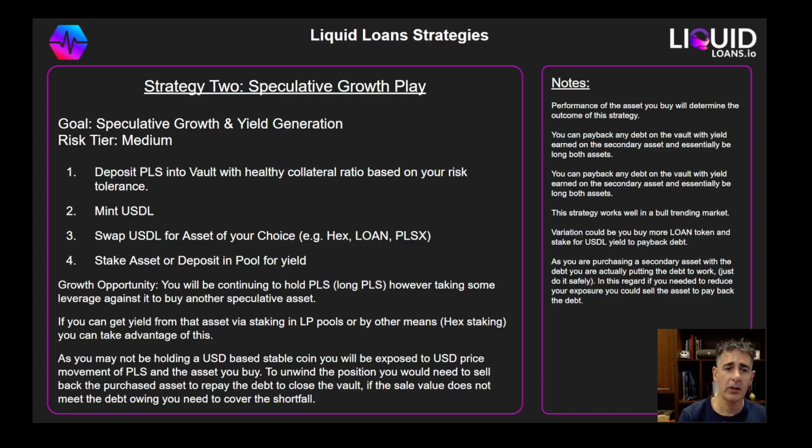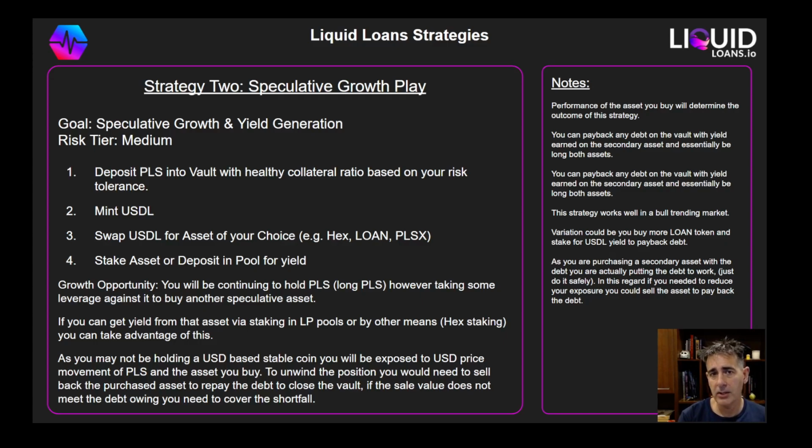So rather than buy USDL, put it in the stability pool and earn LOAN, you could just go straight out, buy it and put it in the staking pool on the actual protocol and get the fees from that, help pay down your loan. With HEX, you could stake it, and the interest you earn from that HEX, you could pay down the loan. So I hope you can see that where I'm sort of going with this is you're not getting rid of your primary Pulse position.